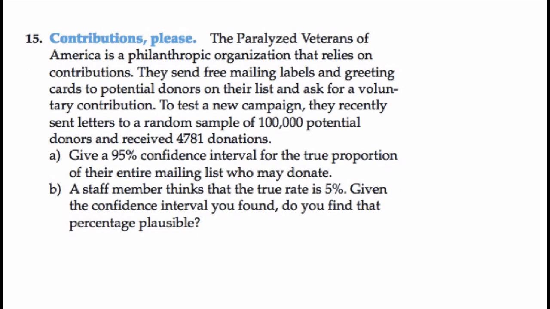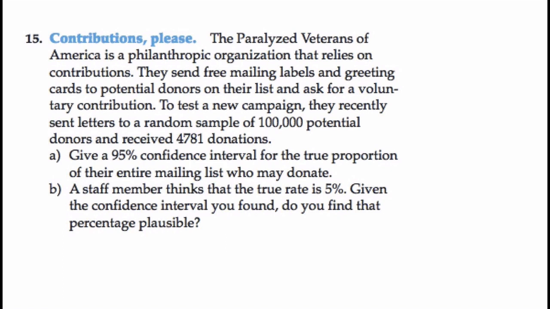All right, number 15, contributions. The Paralyzed Veterans of America is a philanthropic organization that relies on contributions. They send free mailing labels and greeting cards to potential donors on their list and ask for a voluntary contribution.